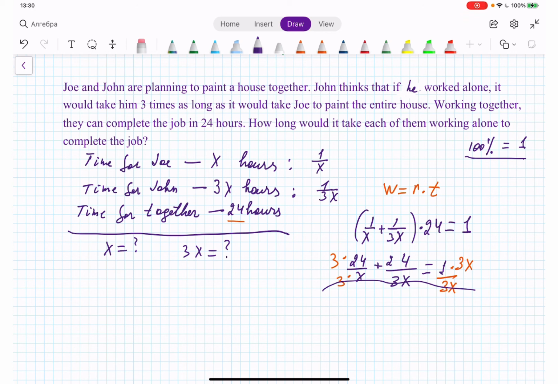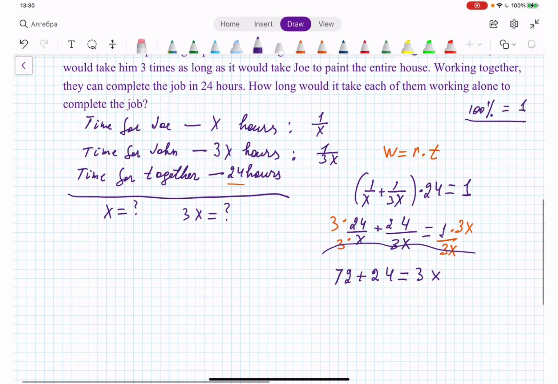As a result, we get 3 times 24, which is 72, plus 24, equal to 3x, right? So 72 plus 24 is 96, equal to 3x.